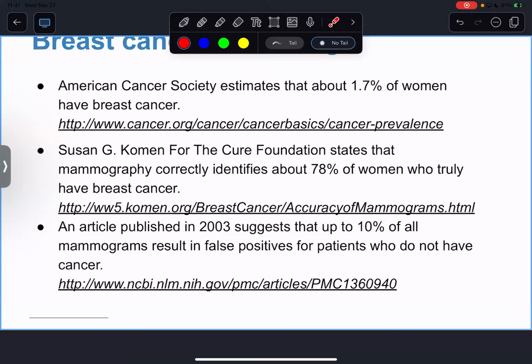They either have cancer or they don't have cancer. And then whether they have cancer or not is going to tell me the probability of testing positive or testing negative. Now, where did I get that order from?